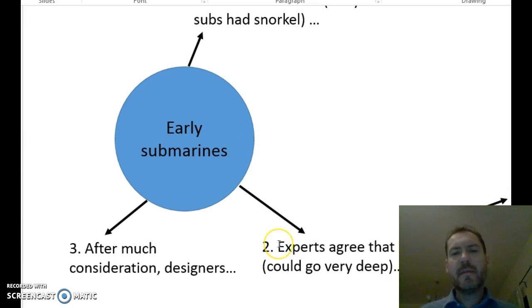Then I was thinking for my next sentence, we could use the phrase experts agree. So we could say that experts agree that these early submarines couldn't really go very far below the water surface. They could stay there for a long time, but they couldn't actually go very, very deep. So I could have a little sentence about that.